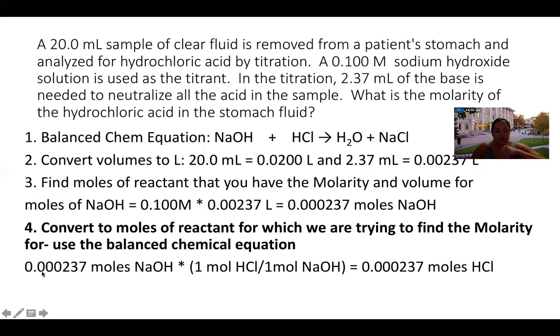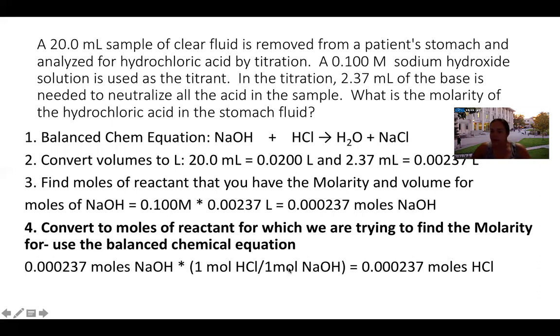So the 4th step is you want to convert to the moles of the reactant for which we are trying to find the molarity. So we're trying to find the molarity of HCl. In the previous step, we found the moles of NaOH. Now we want the moles of HCl. This is where the balanced chemical equation comes in. We have to go back to the equation we came up with in step 1. And we see it's a 1:1 ratio, okay?